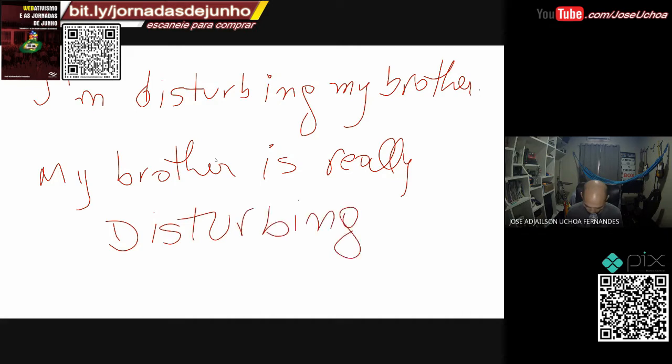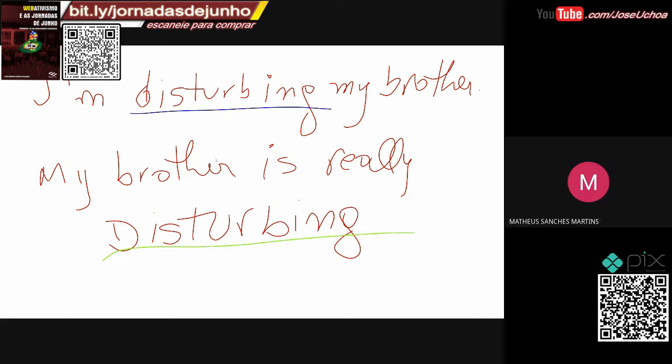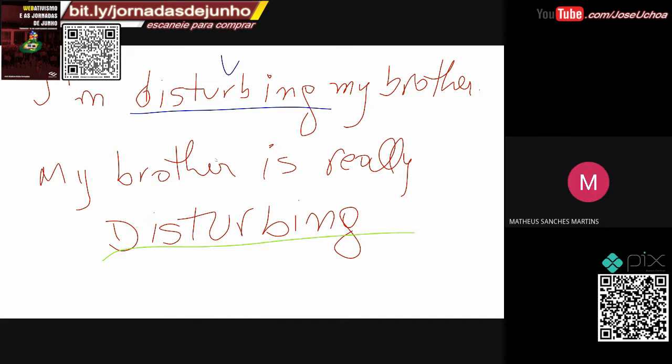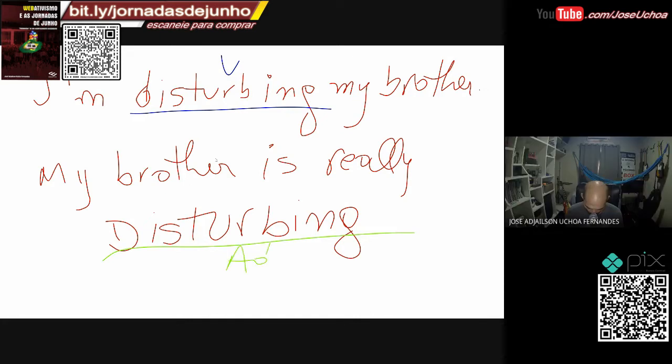Is this disturbing underlined in green the same as disturbing underlined in blue? No, because the first one is the verb. And the second, it's like a statement of how he is. Exactly. It's an adjective, yeah? He is a disturbing guy. My brother is really disturbing.